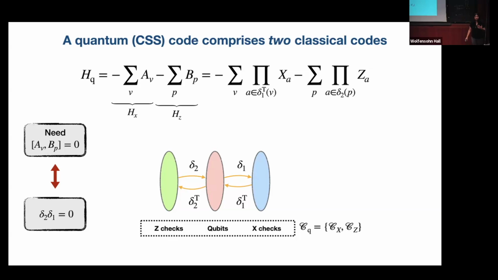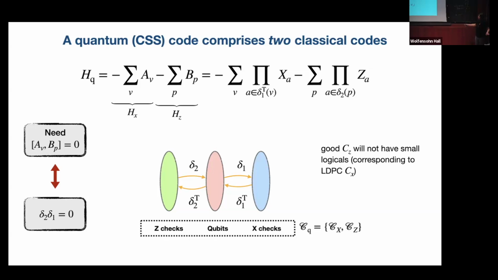What the slide is telling you is that you need 3 different vector spaces, labeling the Z checks, qubits, and X checks, with maps between these vector spaces. And the maps have to satisfy the property that the composition of these 2 subsequent maps should give me 0 mod 2. That's the structure that I need for any quantum CSS code.